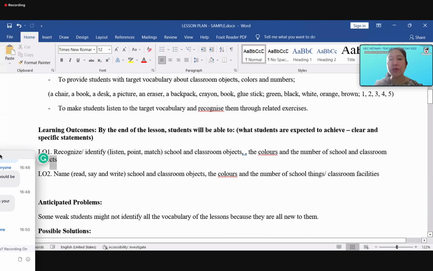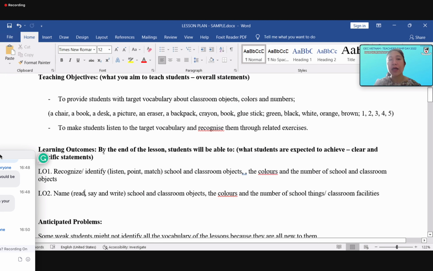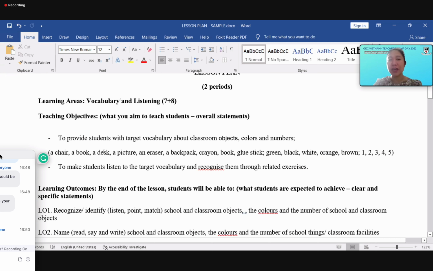It means that you have to keep an eye on how students actually perform on every task, and then adjust or modify the task in the following lessons, because the outcomes are very important if you focus on outcome-based design. If you take outcome-based design, you have to focus on the outcome. But if you just focus on the objectives, it means the content that you want to teach them.